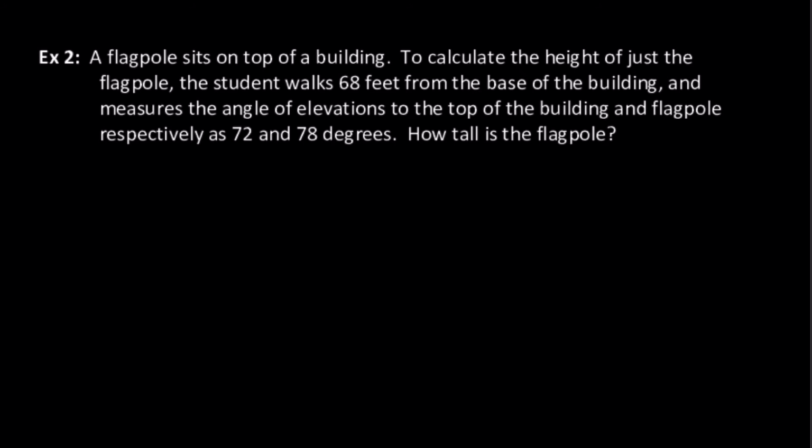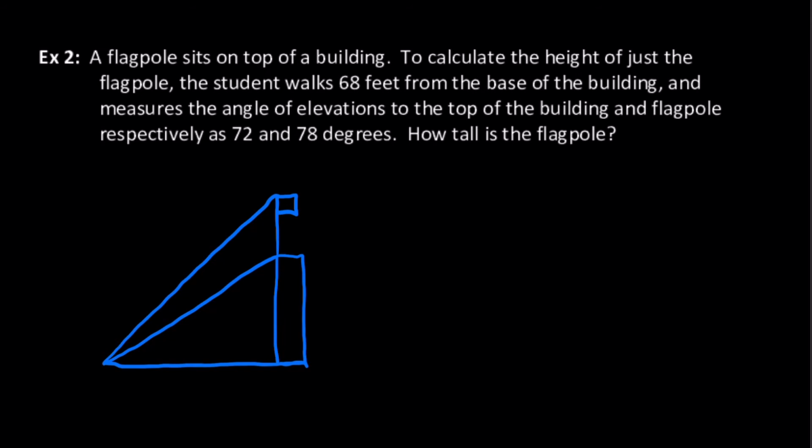All right, so we're going to represent this situation here. Let's say we've got a building, and on top of that building we have a flagpole. And the person walks a certain distance from the base of the building and looks up and measures the angle of elevation to the top of the building and then to the top of the flagpole.